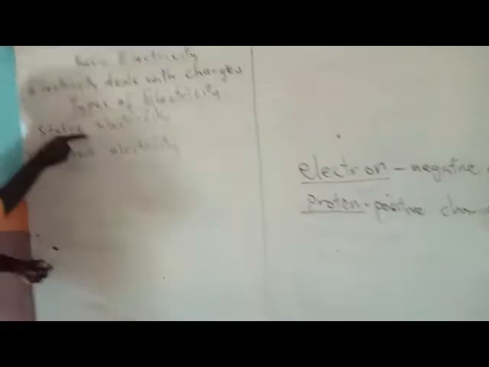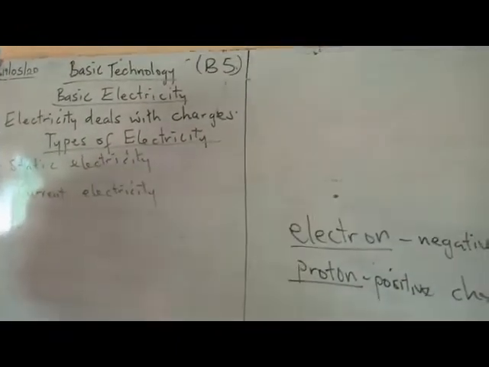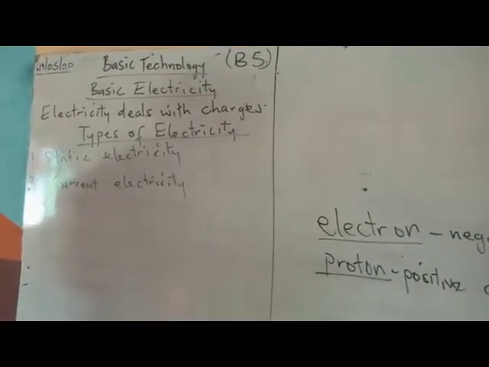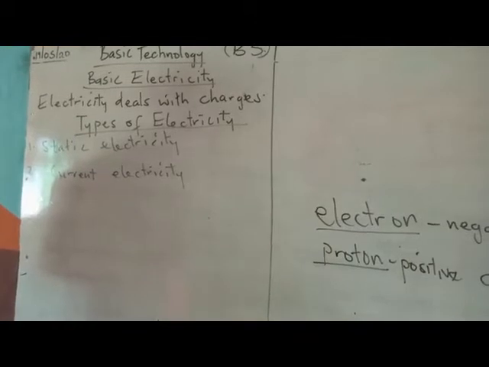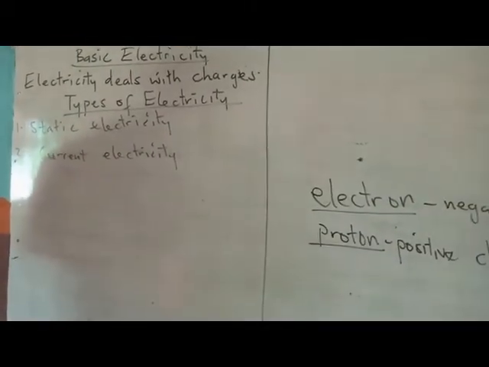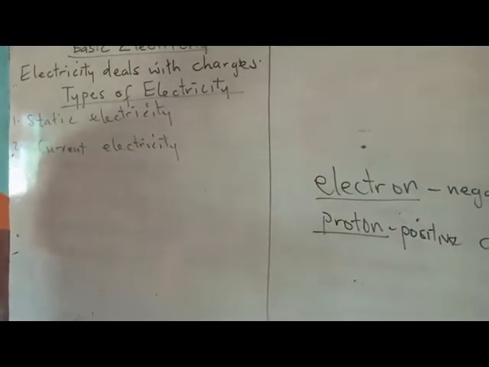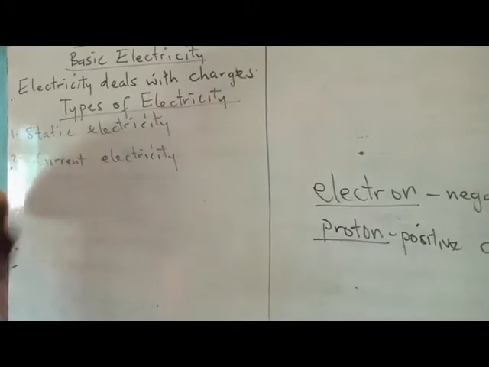Now, with static electricity, from this word here, it simply means stationary electricity. When you hear the word static, it talks about being in one place, stationary. Static electricity deals with charges that are not moving. That's what static electricity talks about.